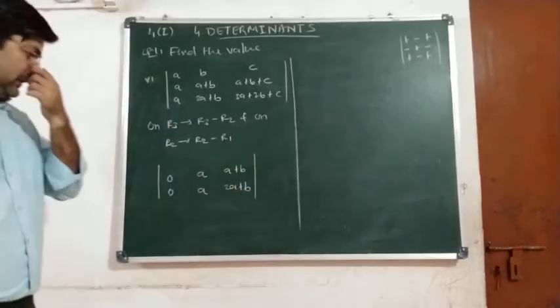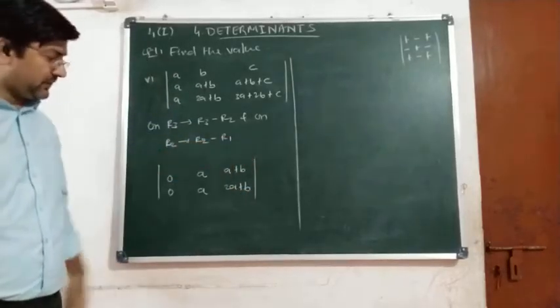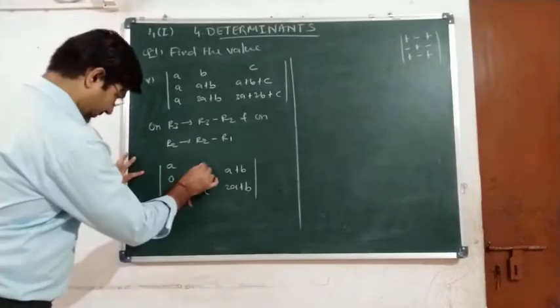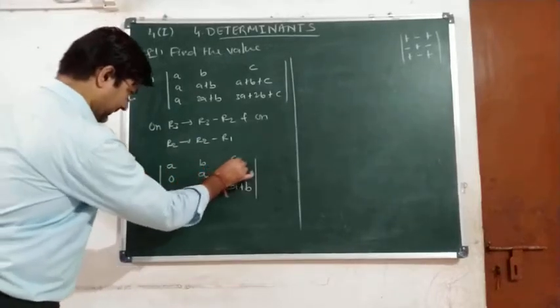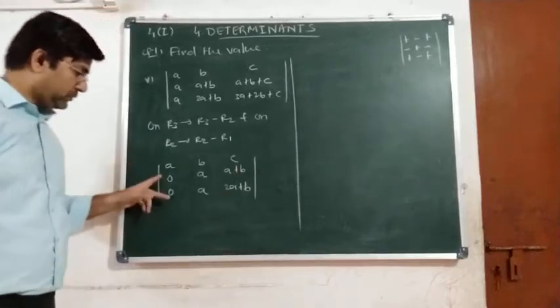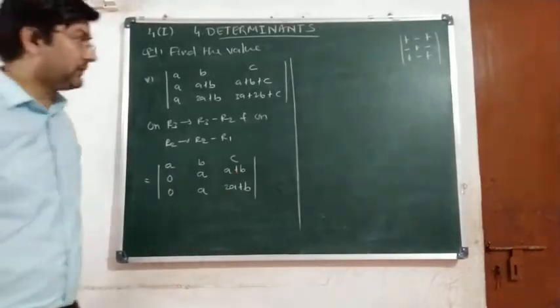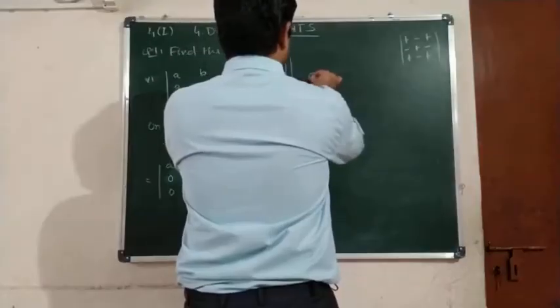Clear? Now further simplification is possible, but we are not going to simplify. The first row we will write down as it is. Now we have got the 2 zeros in the first column, so let us expand along the first column.